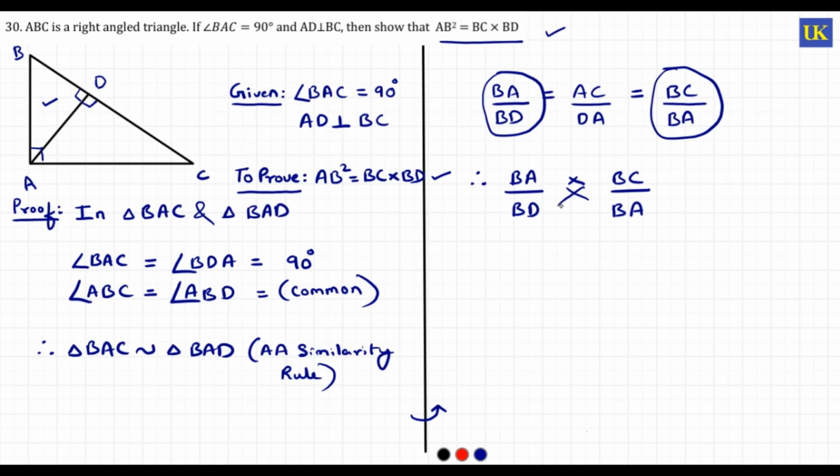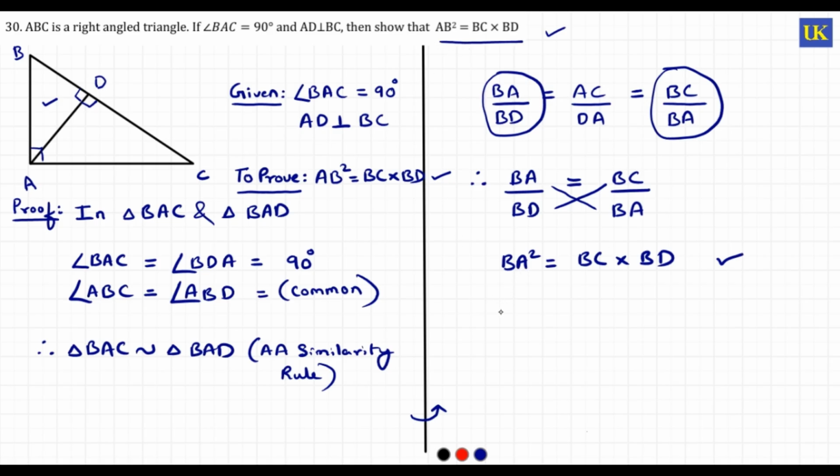We will cross multiply these things. Actually, we need to write here equal to, and now we will cross multiply. So once we cross multiply, what we will get is BA square is equal to BC into BD. Now you can keep the answer here only, or you can write like how they have given.